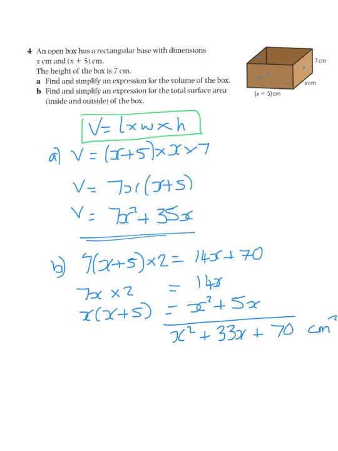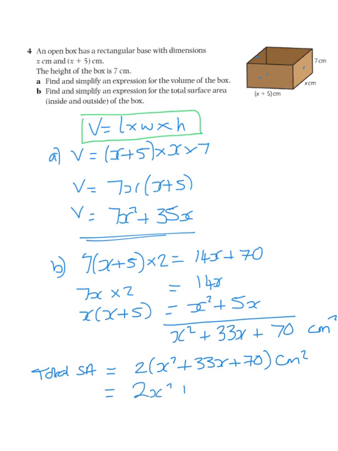So that's the outside of the shape, so the total surface area outside and inside is going to be 2 times that. Okay, so it's going to be 2 times x squared plus 33x plus 70 centimetres squared, which is 2x squared plus 66x plus 140 centimetres squared.